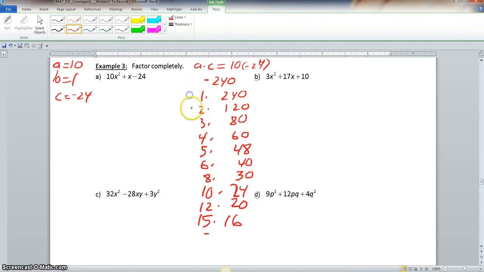So we will mark all the smaller numbers as negative. Now instead of going down the whole list, negative 15 plus 16 is 1. So these are the ones we will use here. So we will have 10x squared minus 15x plus 16x minus 24.